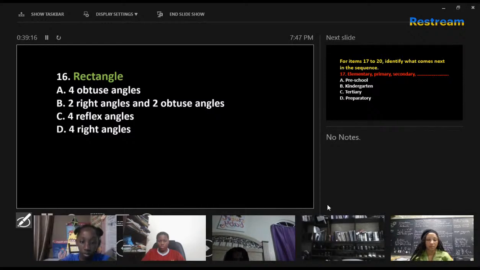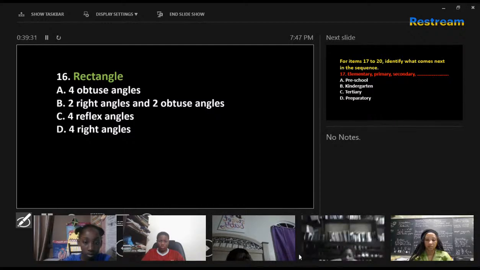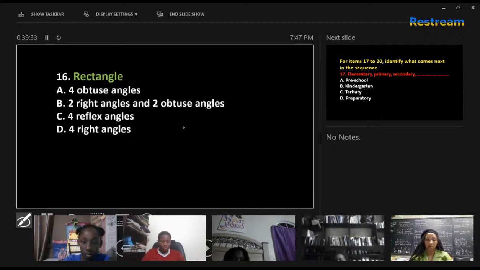C, 4 reflex angles. Or D, 4 right angles. Miss, I say 4 right angles because for the rectangle, all the angles must measure up to 360 degrees, and a right angle is 90 degrees, and 90 times 4 is 360. That's correct. So a rectangle must have 4 right angles.